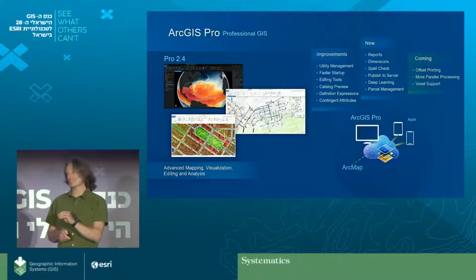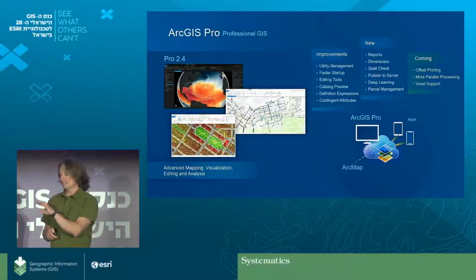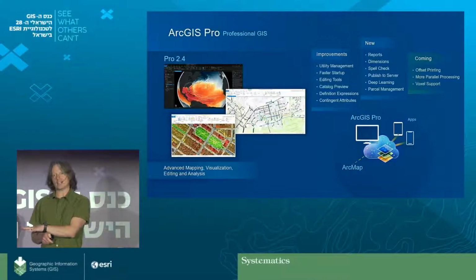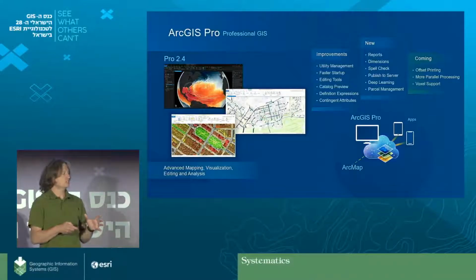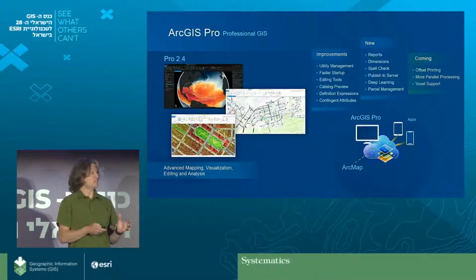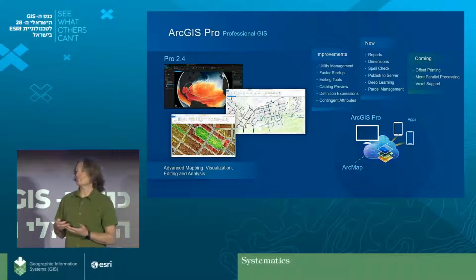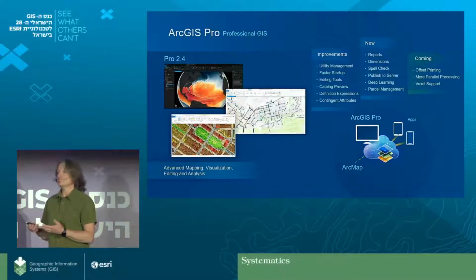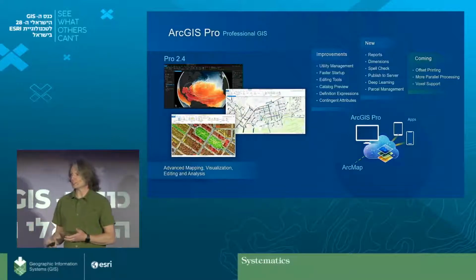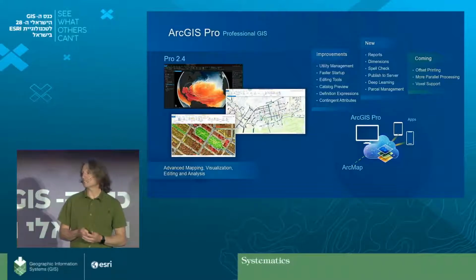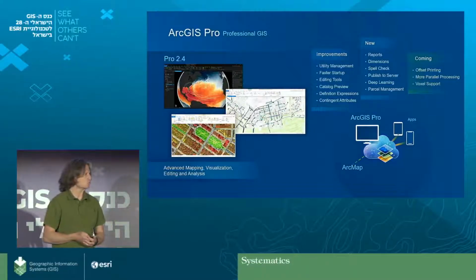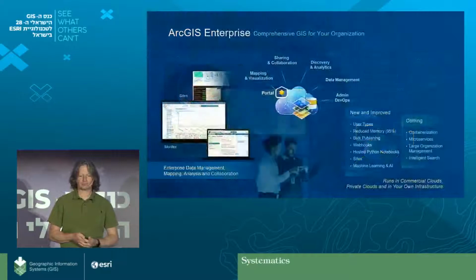But it's not just about adding exactly the same capabilities that they had in ArcMap in a new 64-bit 2D, 3D application. It's about providing innovation, things that have never been done before. The new utility network, parcel fabrics, these are all coming to life in form of ArcGIS Pro functionality.